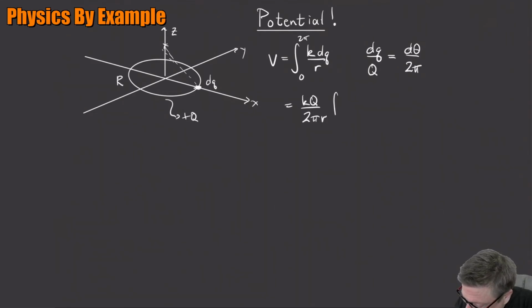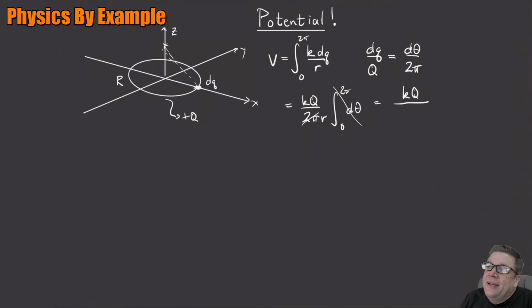So this is actually going to be really easy. The integral from 0 to 2 pi of d theta is just 2 pi, and that cancels the 2 pi. So look, this actually is really simple: kQ over little r. But like before, let's write it in terms of things we know about the ring: the radius, and the distance z away from the center. So what is our little r?